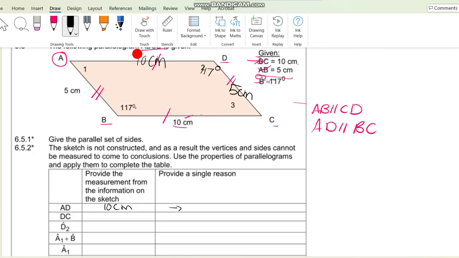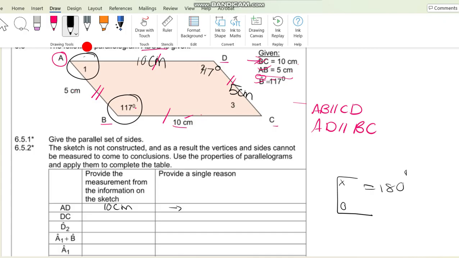If they ask you for corner A1 plus B, so they want you to tell me, if you take that corner and that corner, what would it be? Now, a co-interior corner, do you remember that? A co-interior angle of a parallelogram will always be 180 degrees.